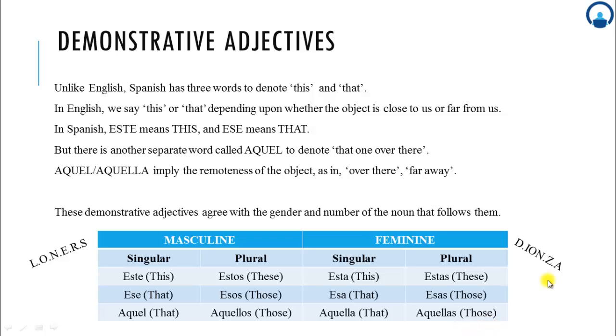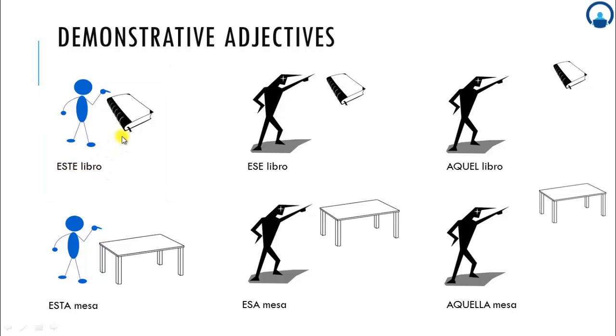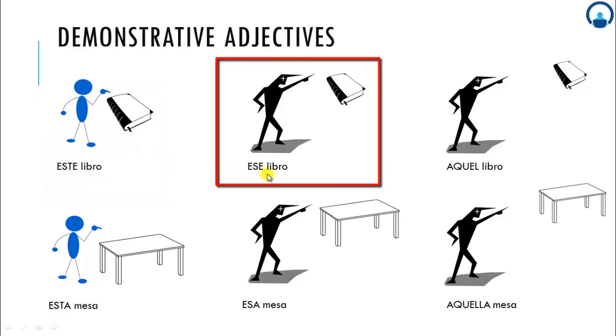We'll see this with an example to get a better understanding of demonstrative adjectives. Este libro, that means this, we have seen that there is a masculine noun and a singular. So este libro, this book. Ese libro means that book.